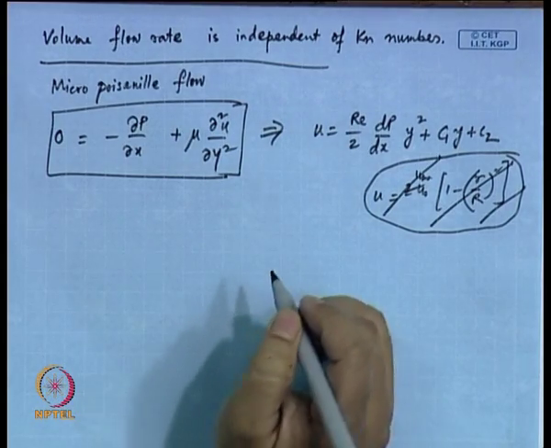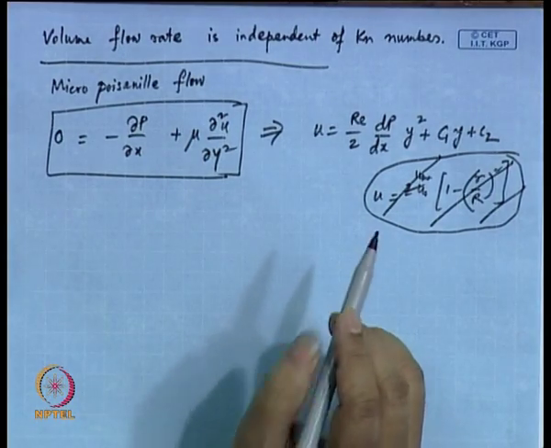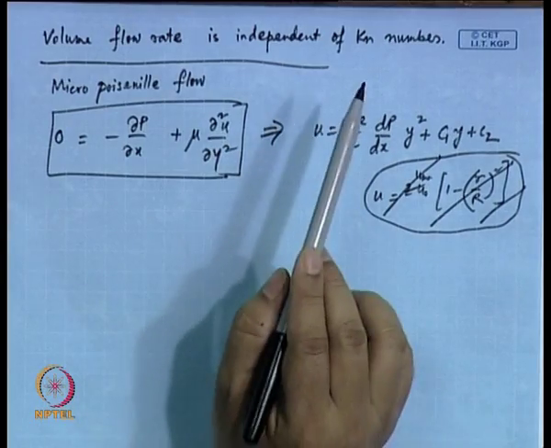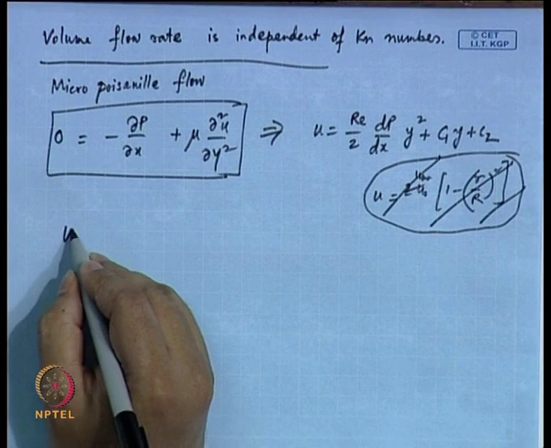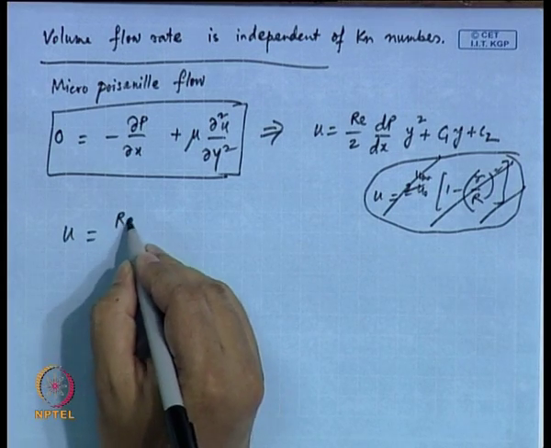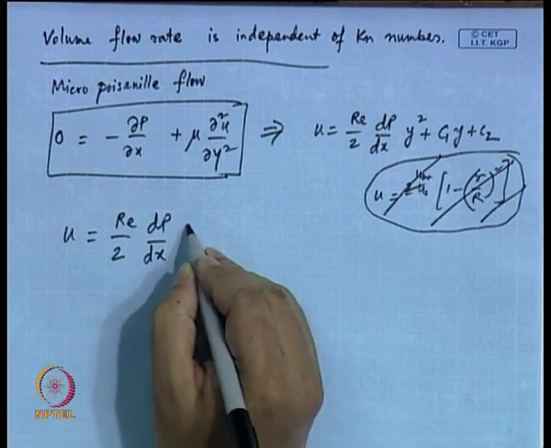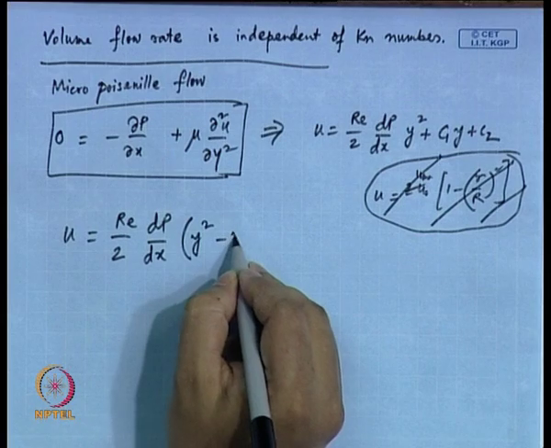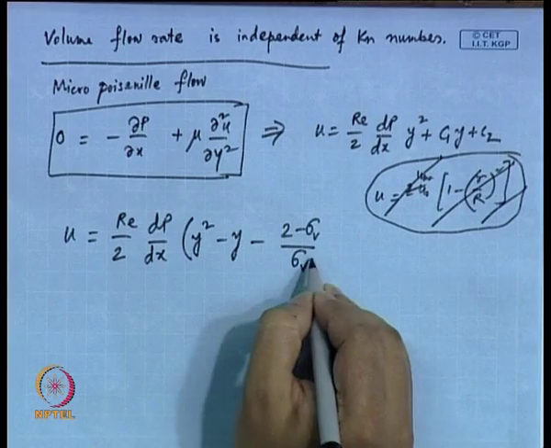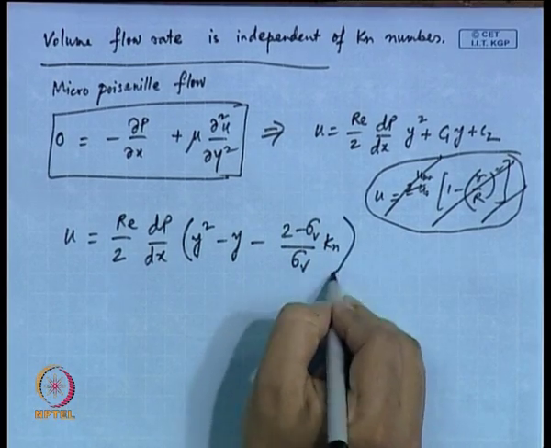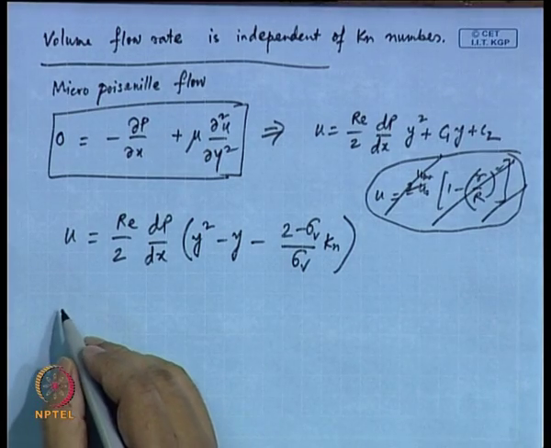Now, if you do this same exercise with the slip flow boundary condition, bringing in the concepts that we discussed here, you will end up with an expression which looks like this. And the corresponding continuum solution is this.